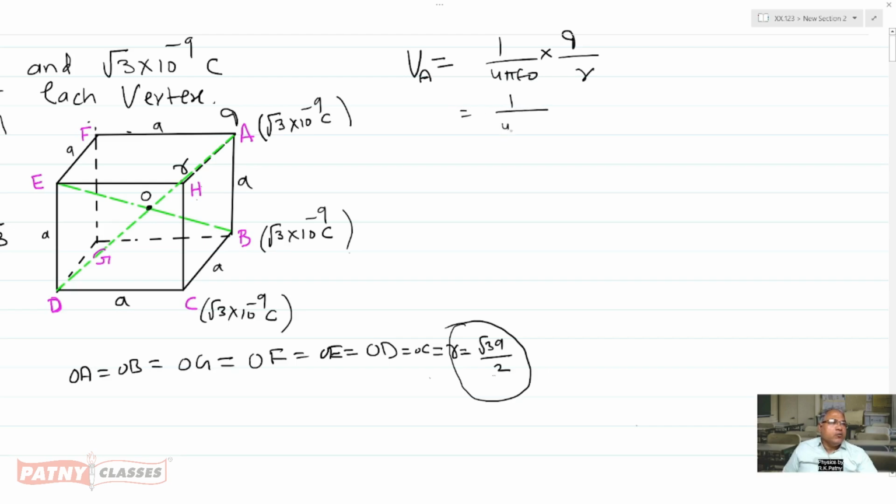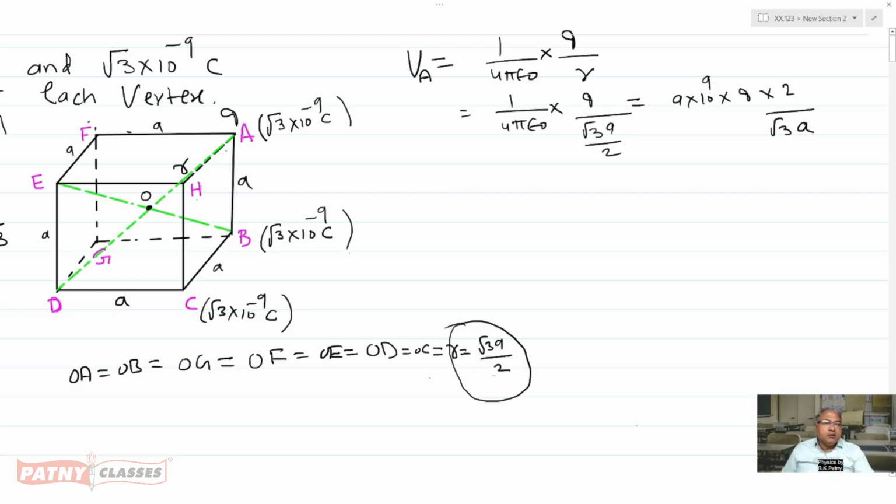Here 1 upon 4 pi epsilon naught, and Q as it is. What is the R value? R value is root 3 A upon 2. So it equals 9 into 10 raised to 9 into Q into 2 upon root 3 into A.